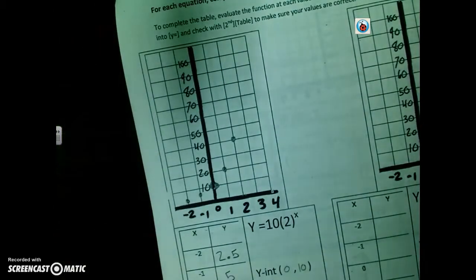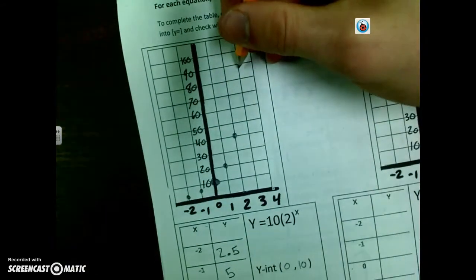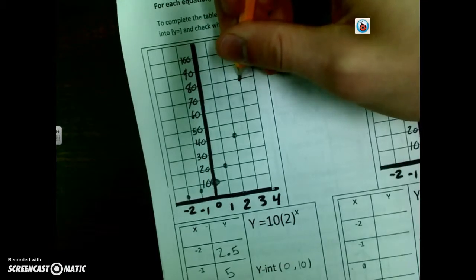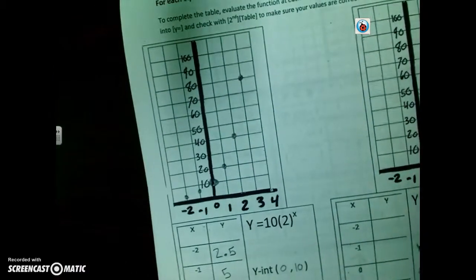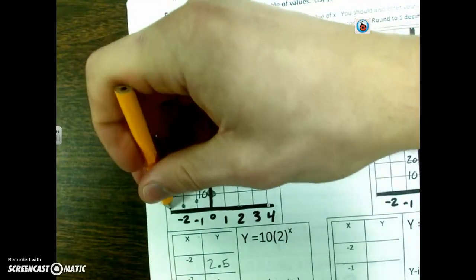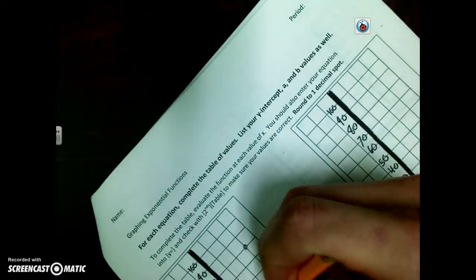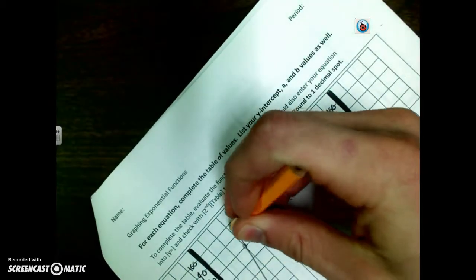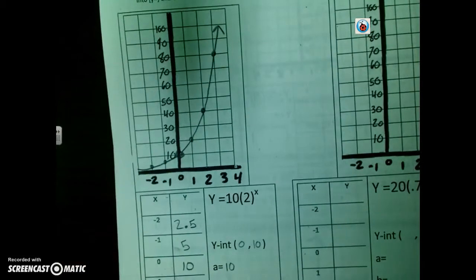At 3, we're at 80. And then we'll be off the page. So we can continue this with a nice smooth curve here. Make sure we're drawing arrows on the ends.